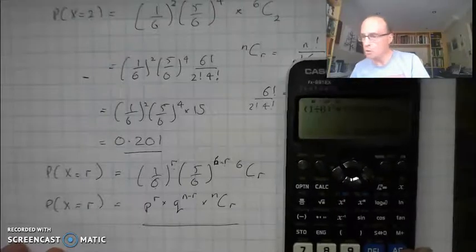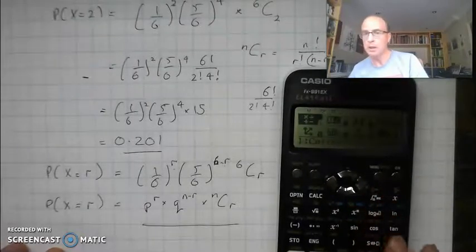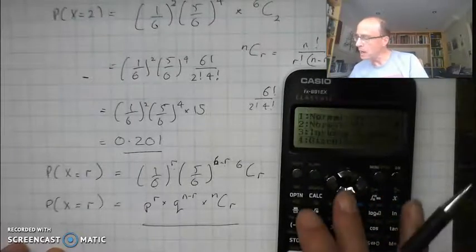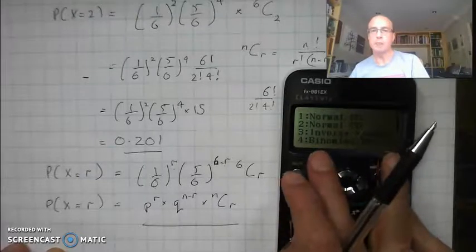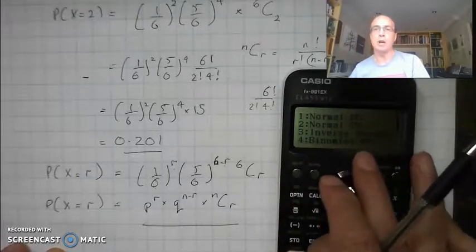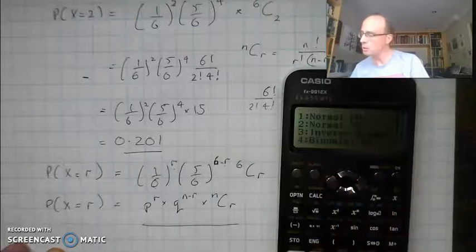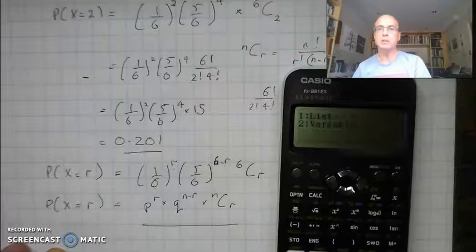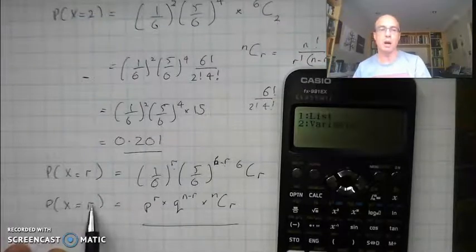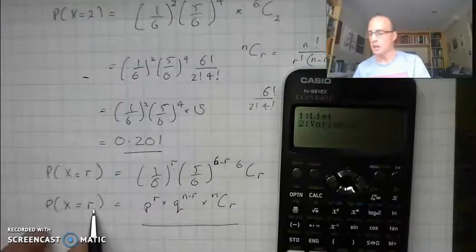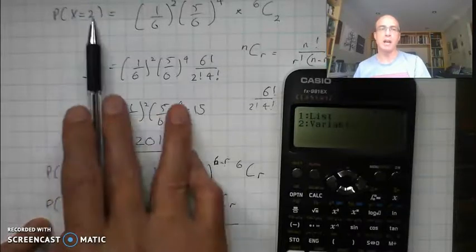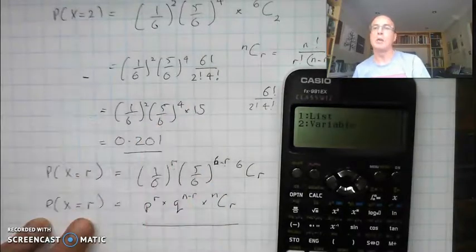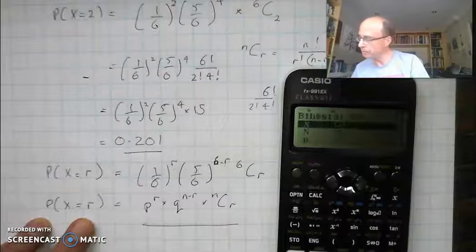So if I go to my menu and I press 7, I've got this option number 4 here that says binomial PD. So binomial probability distribution. If I press that one, I've got the option of a list, if I want to know multiple values of r. I'm just going to look for a single value of X equals 2, so I'm going to go for the variable option.